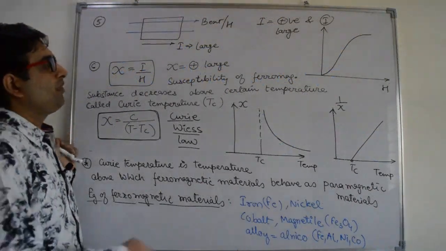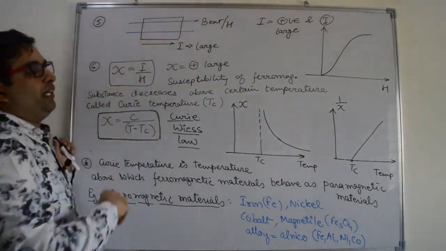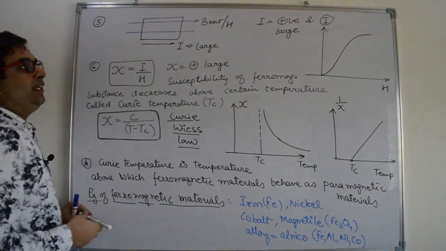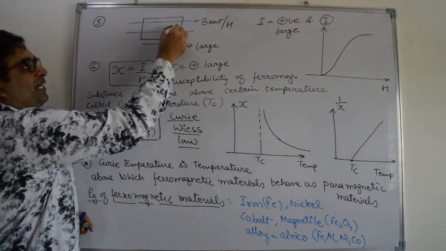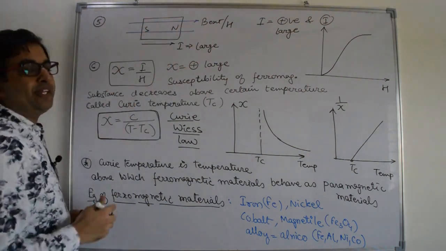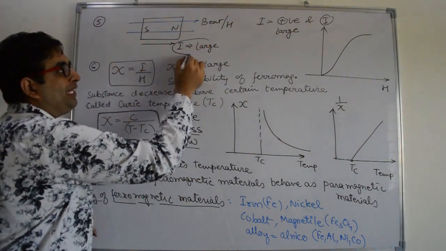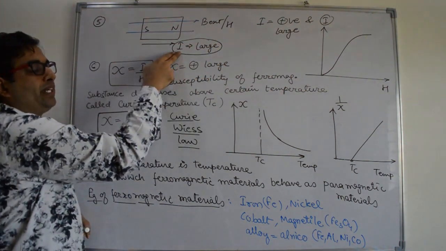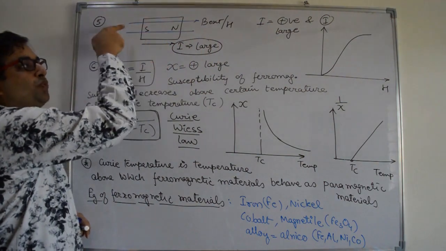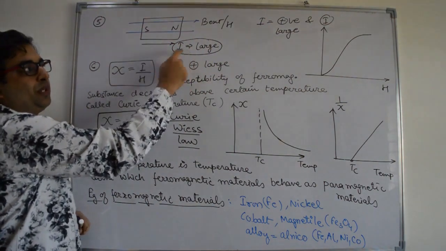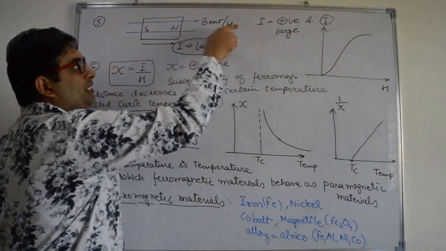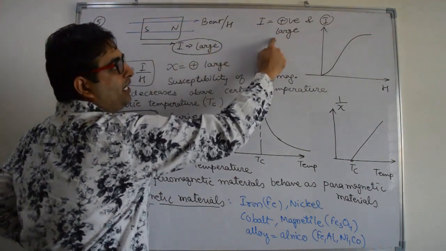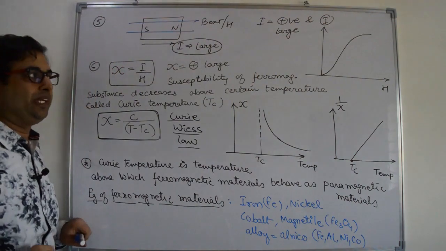Fifth property, when we place this ferromagnetic material in external magnetic field, then this material will magnetize in the direction of magnetic field with a very, very large amount. That means the intensity of magnetization produced in the material is a very, very large value. Direction is same, so intensity of magnetization is positive and having very large value.